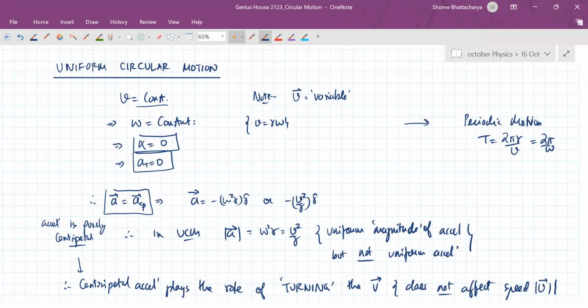So we cannot have something like this, that one moment the object is at rest and then instantaneously it is in uniform circular motion. There must be, however brief, some period of time during which it is in non-uniform circular motion. And once it has achieved the speed it wants, if it now makes its tangential acceleration 0, it will continue at the uniform speed, which is the uniform circular motion. Okay, sir.